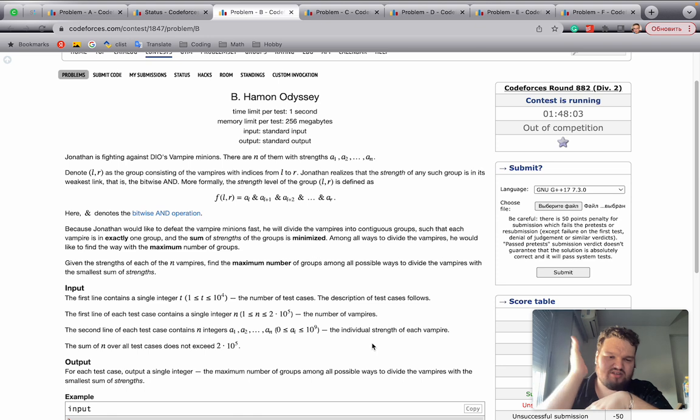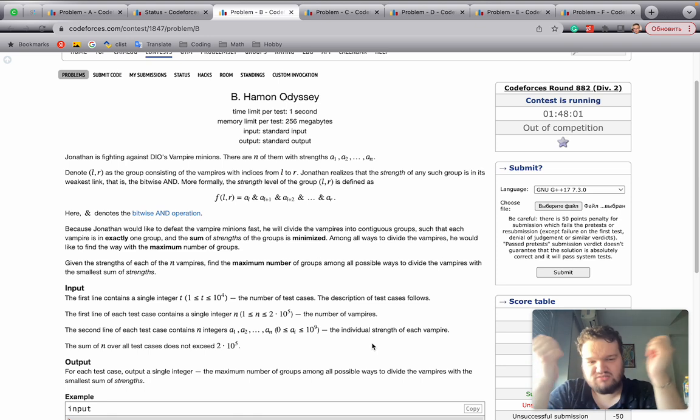So we can just cut it and do the same thing further. So the solution will be this greedy. We just start from the beginning of the array, run to the right, waiting while the AND becomes 0.